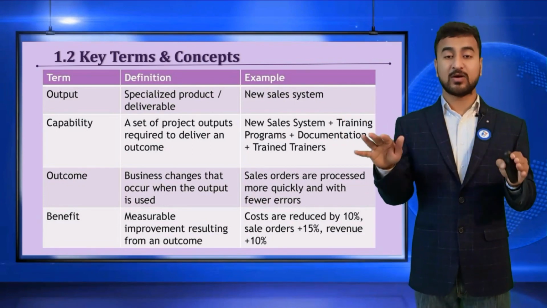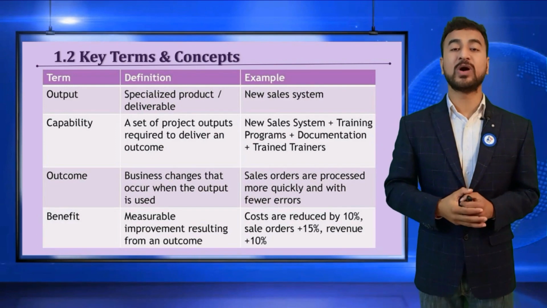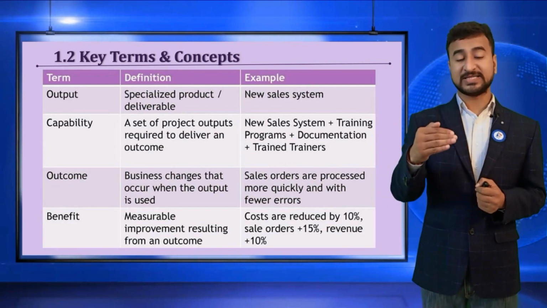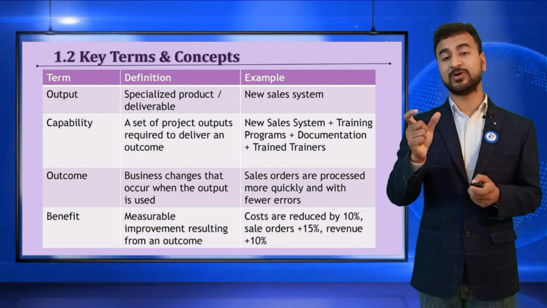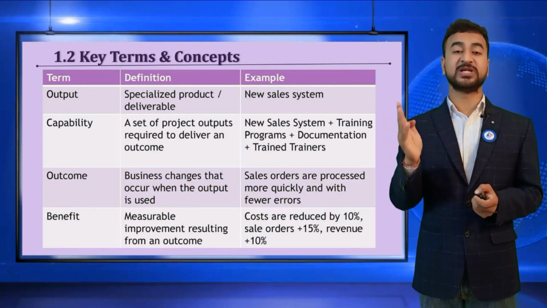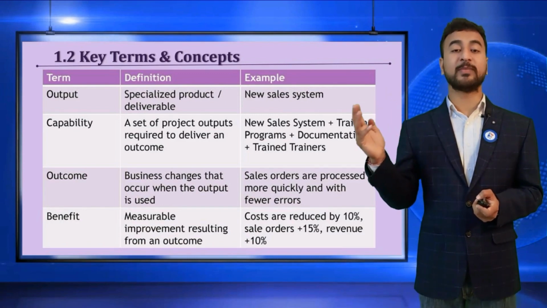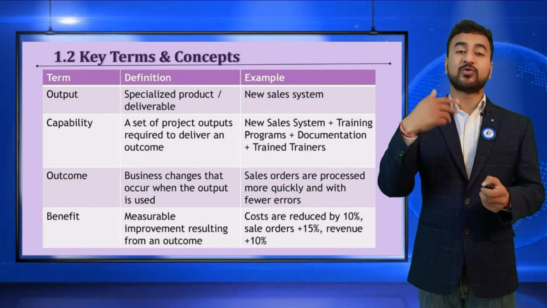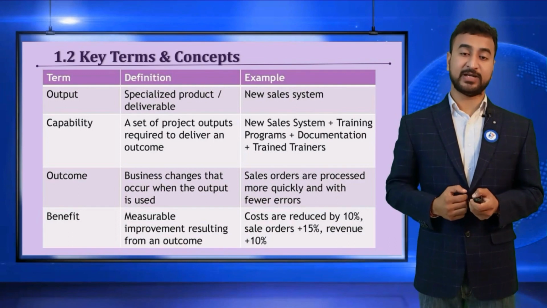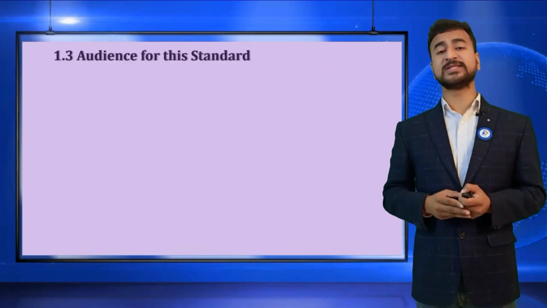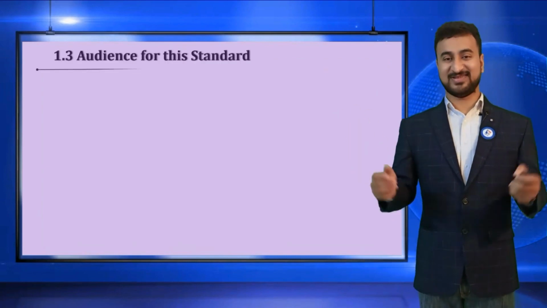That is common everywhere. So when you are a PMP aspirant, when you pass the examination and when you are discussing key terminology, you have to differentiate between output, capability, outcome, and benefits, so that you can coordinate in your team and in your office very quickly and effectively. Now, who is the audience for these standards?